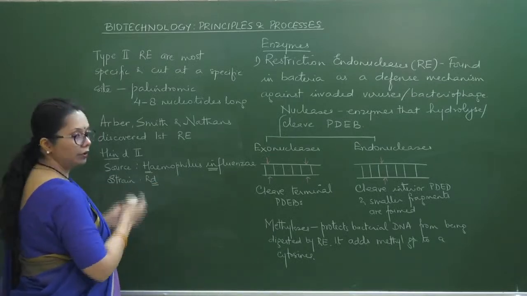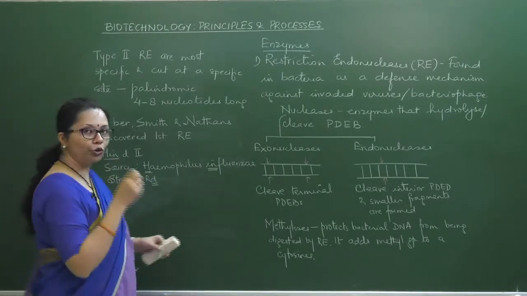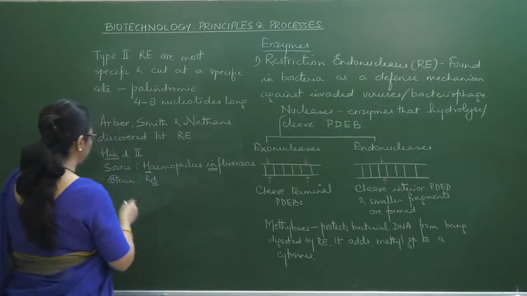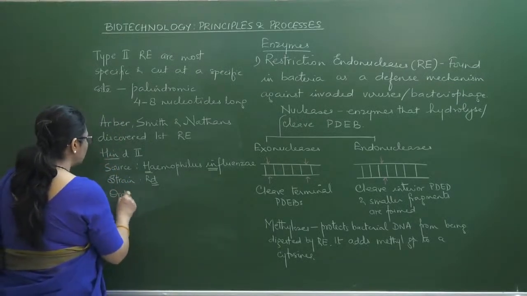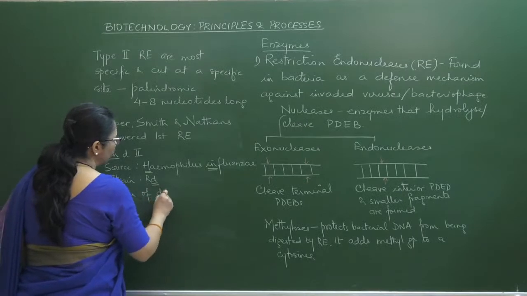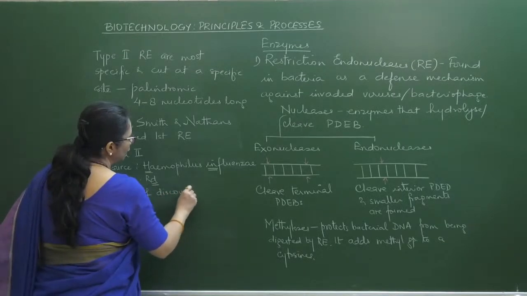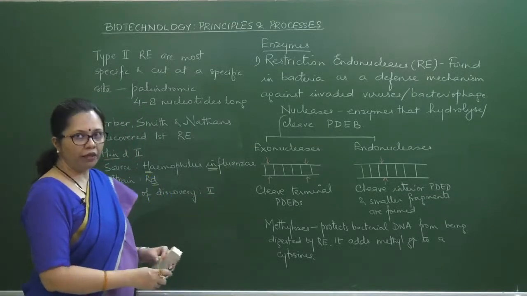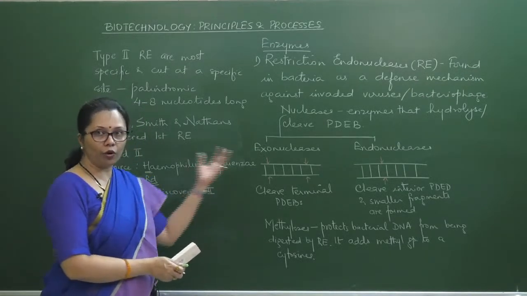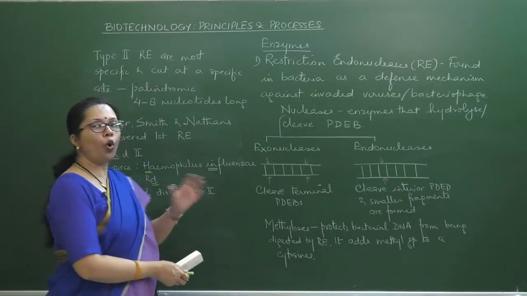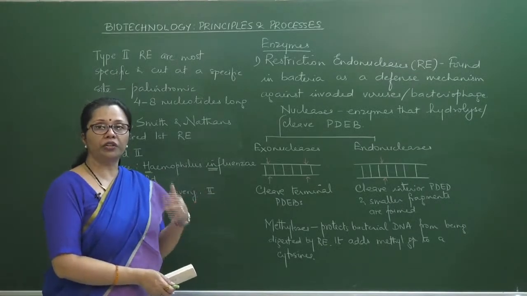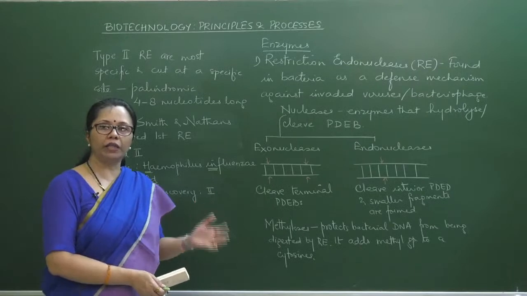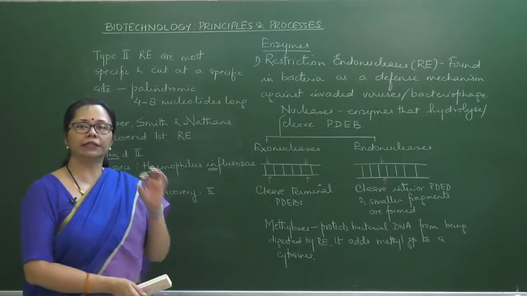And now II would be the order of discovery. Okay, so order of discovery, and this is usually the common query, that if it is II, then how come it is first? So let me tell you, all bacterial enzymes, not only restriction endonucleases, all bacterial enzymes are named in the same manner.